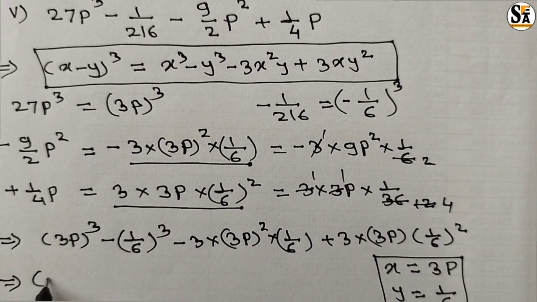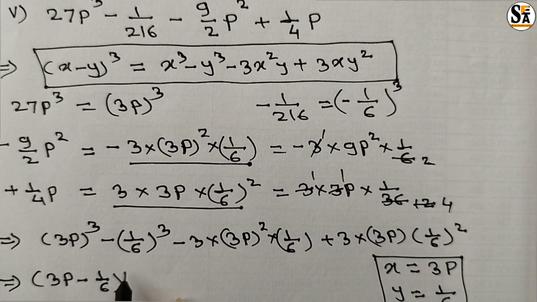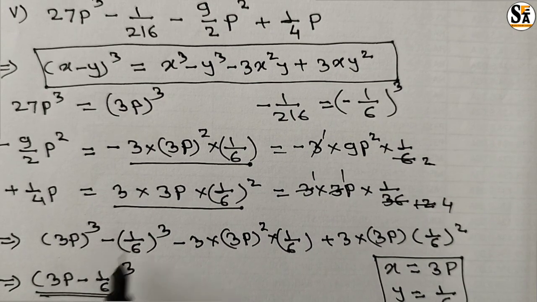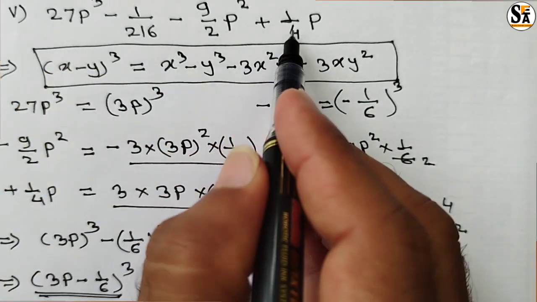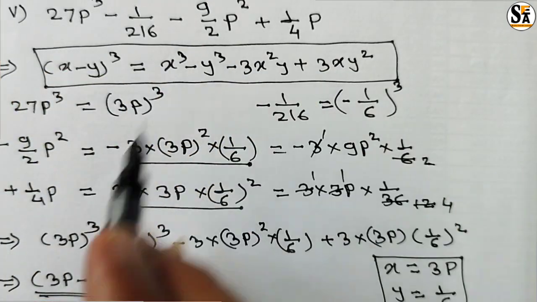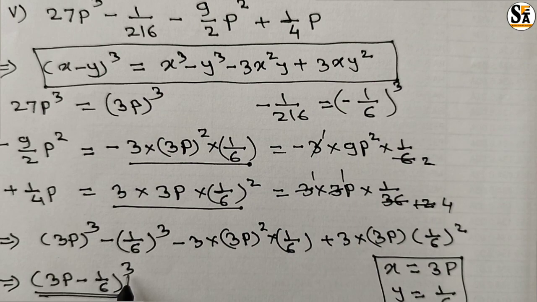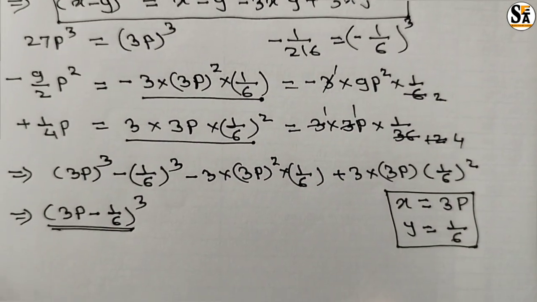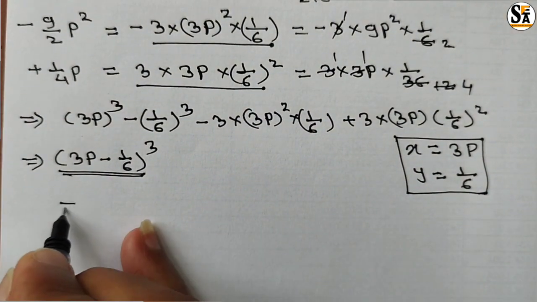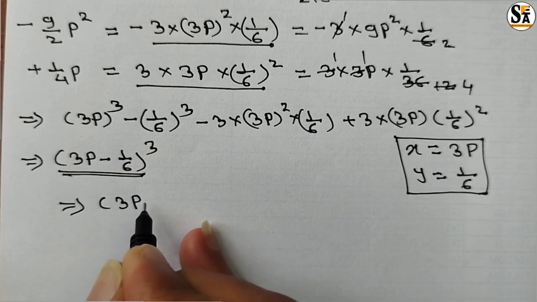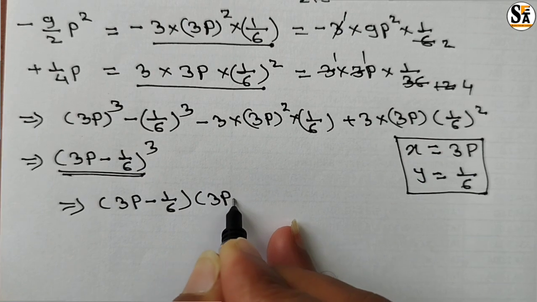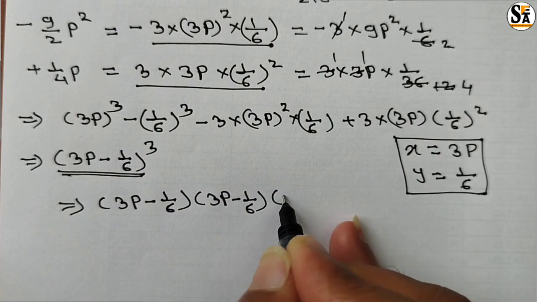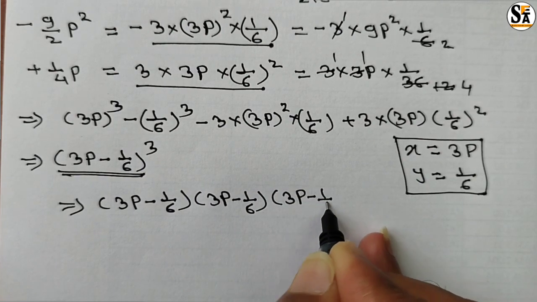Factors will be (3p minus 1 upon 6) cube. So we have converted this expression. We have just matched this expansion, meaning (3p minus 1 upon 6) cube. So which are the factors? So the final factors of this are 3 times, meaning 3 brackets: (3p minus 1 upon 6), then (3p minus 1 upon 6), and in the last bracket (3p minus 1 upon 6).